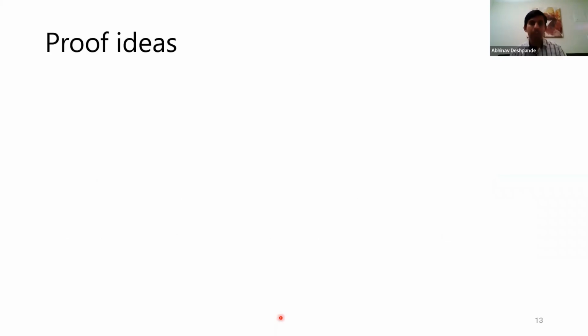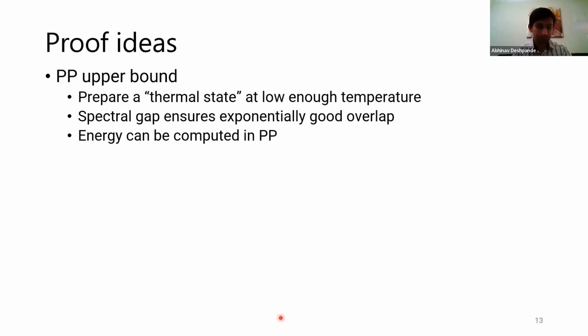Okay, so I'll just broadly describe our proof ideas. So for the PP upper bound in both cases, what we do is prepare a thermal state at low enough temperature. And a thermal state is just one given by the Gibbs distribution.